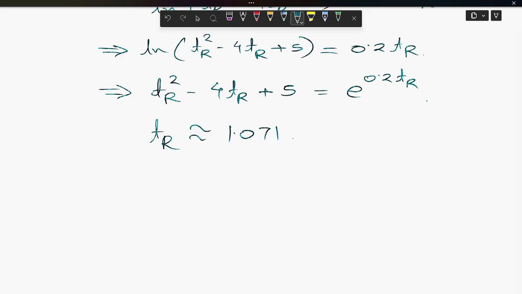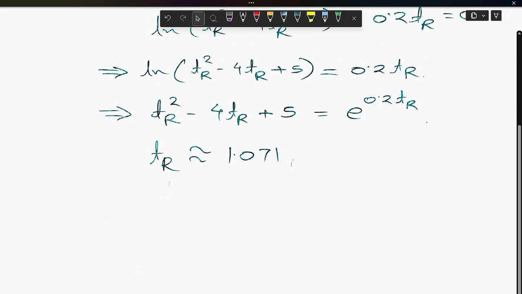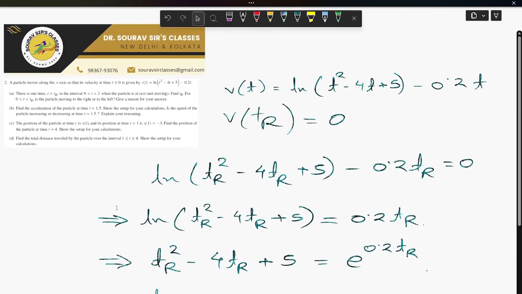I have left the original calculation out here because it is very big. If you have any doubt, please ask in our comment section, or you can directly contact our contact number or email ID. Then the original calculation of Newton's method can be done there.